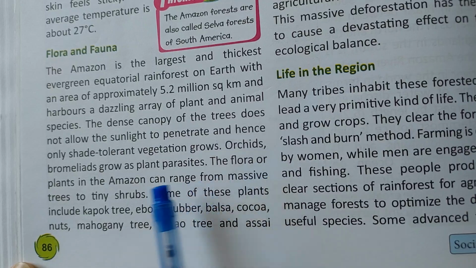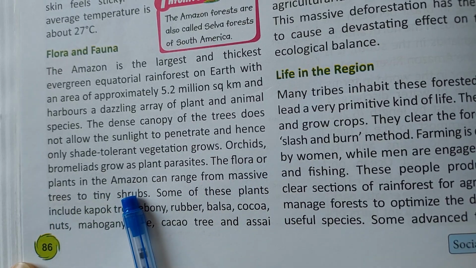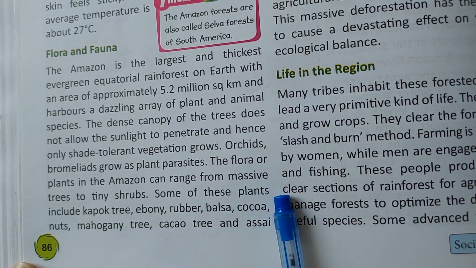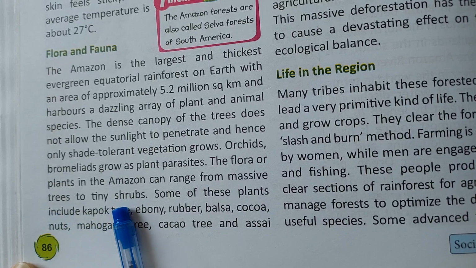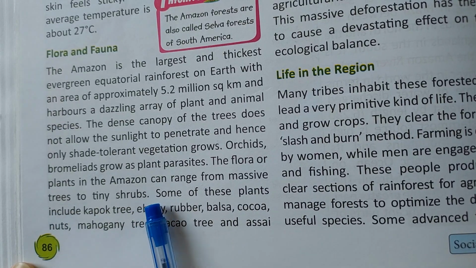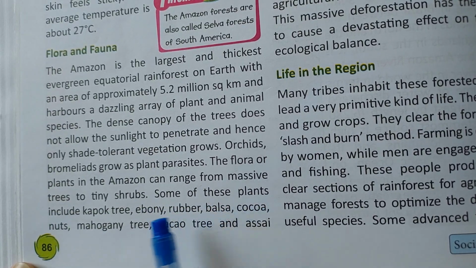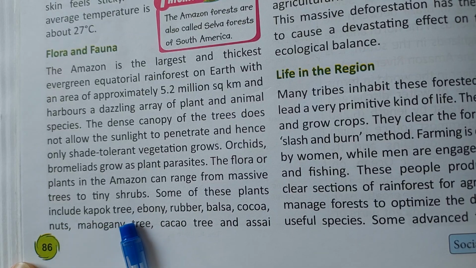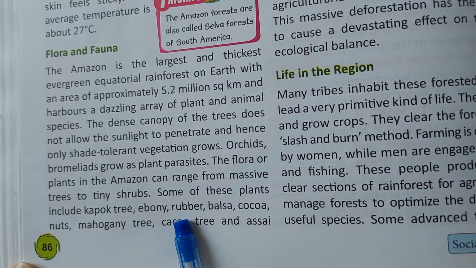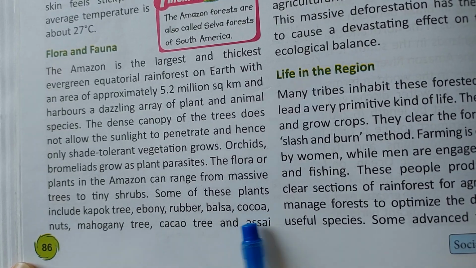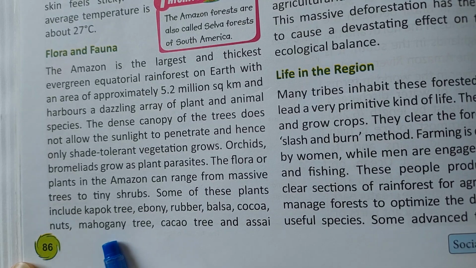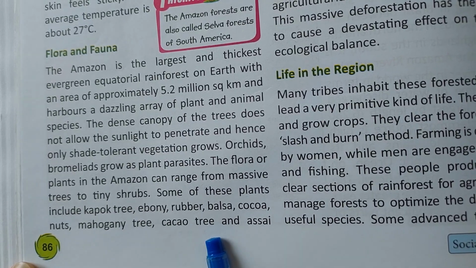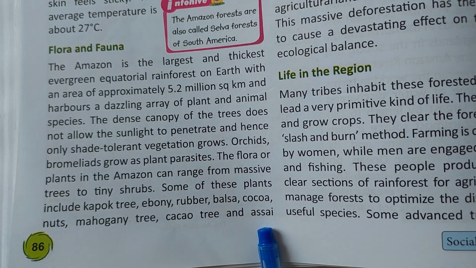The flora or plants in the Amazon can range from massive trees to tiny shrubs. Some of these plants include kapok tree, ebony, rubber, balsa, cocoa, nuts, mahogany tree, cacao tree, and acai palm.